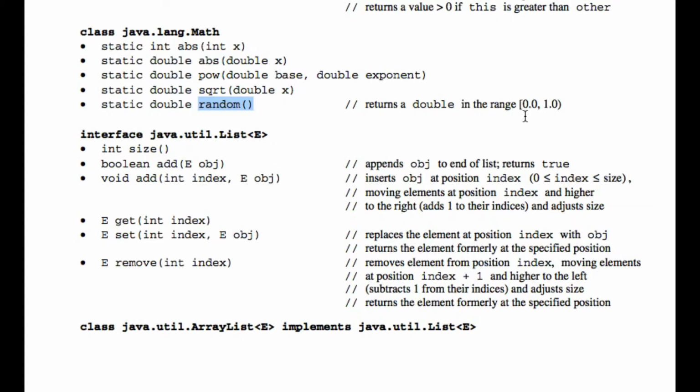That returns a double value between 0.0 and 1.0, and it will not include 1.0, but it will be everything from 0.0 up to 1.0, not including 1.0.